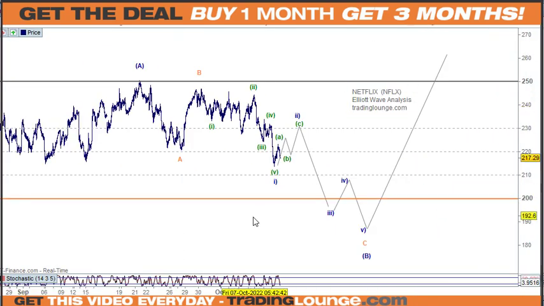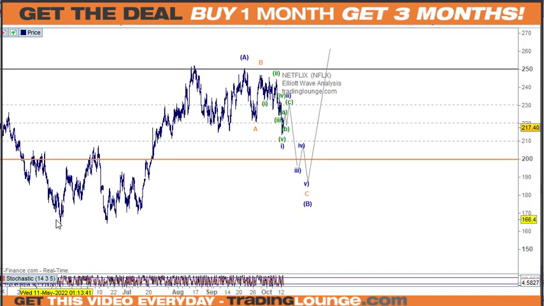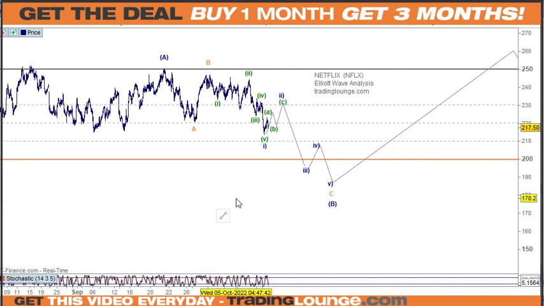Netflix, so yeah, I'll just change this around a little bit. I don't think it's got time to make new lows or anything, but I'm going to look at all of this move up here as the A wave, and then a B wave back here, and then a C wave up here, and then collapsing at that point. So a bit of a different sort of pattern here.